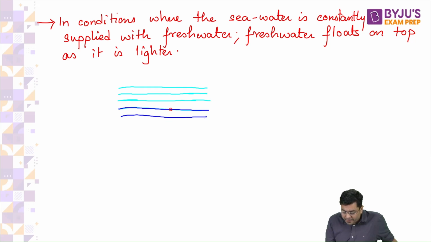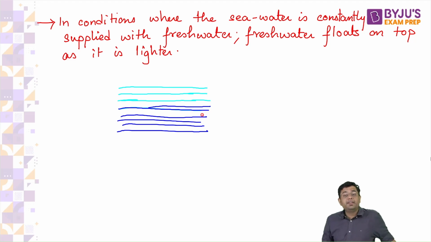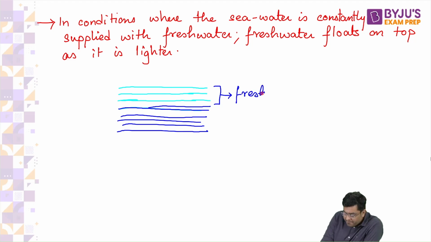And then you have the denser water, more saline water at the bottom. So you have fresh water on top and dense water at the bottom. So what do you observe here? That in the sea, in certain situations and in certain cases, you have fresh water on top and denser saline water at the bottom.